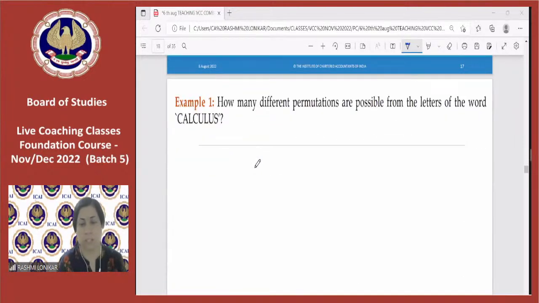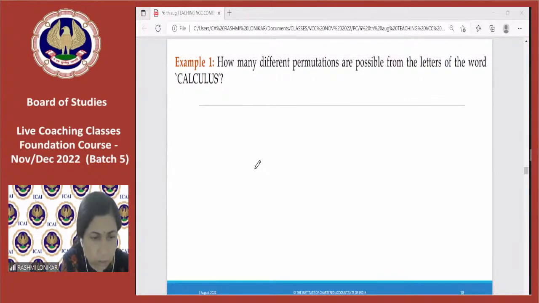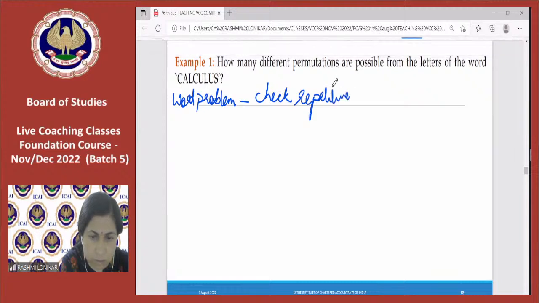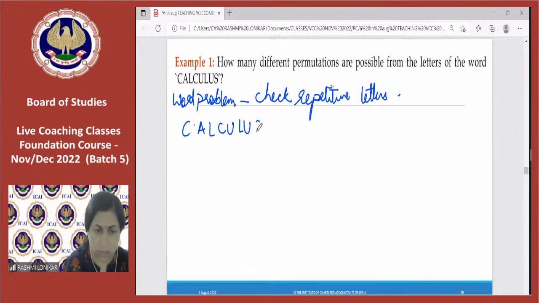How many different permutations are possible for the letters of the word calculus? The important thing here is, in any word problem, you have to check for repetitive letters. Now, the word calculus: C-A-L-C-U-L-U-S.